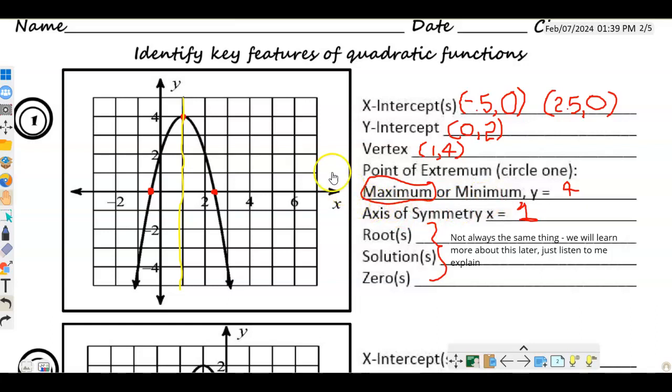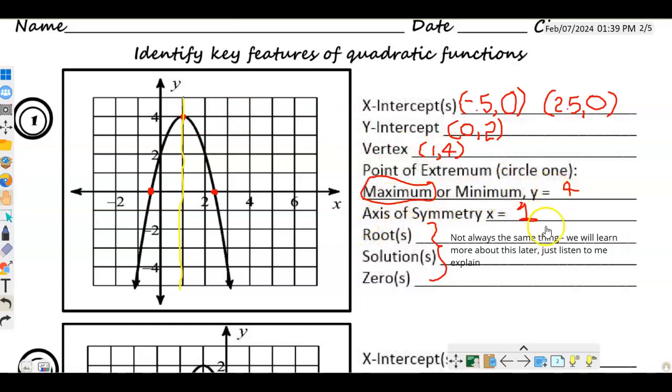So in this case, here's my max. So I'm going to circle max, and they only want the y value. The x tells you where the max is, but the y-coordinate tells you what the maximum is. So you only want to write 4.